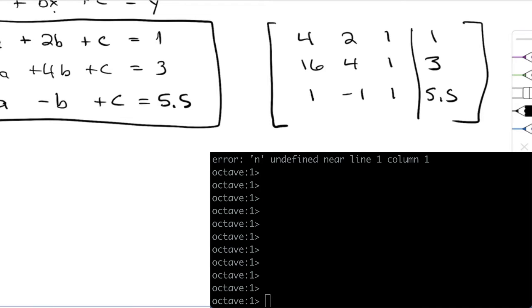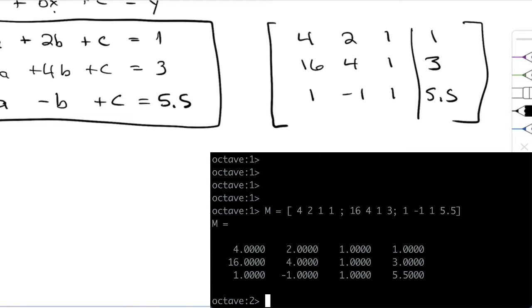So I'm going to put in this matrix, and I'm going to just call it M. M equals, bracket 4, 2, 1, 1, 16, 4, 1, 3, 1, -1, 1, 5.5. And so I'm just going to double check that that's all entered correctly.